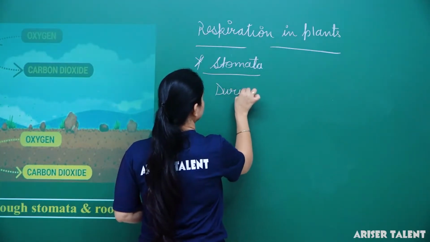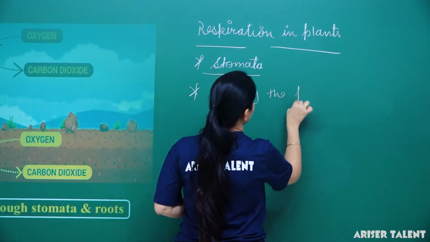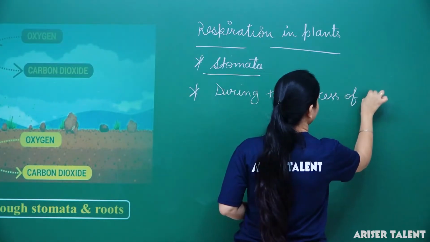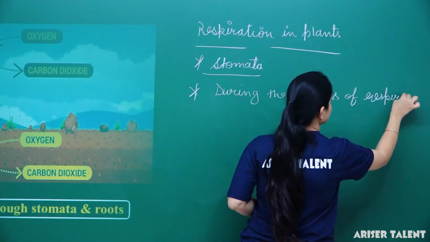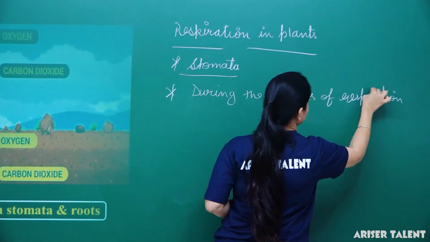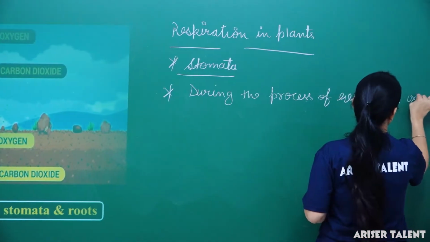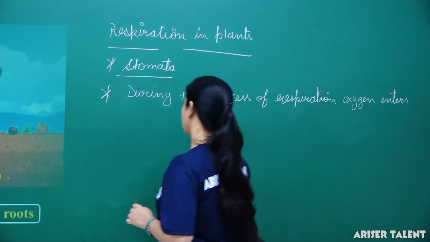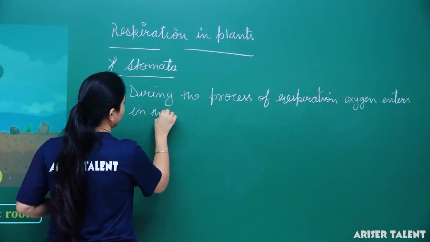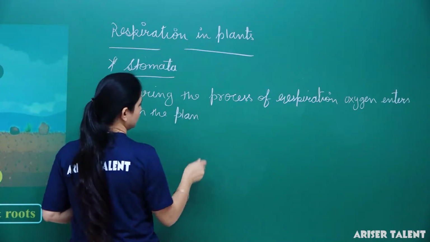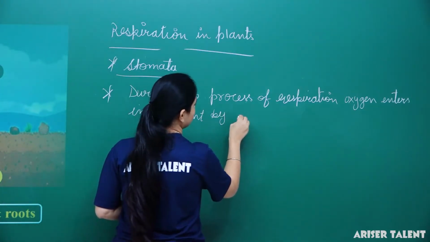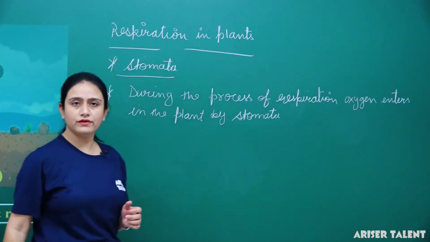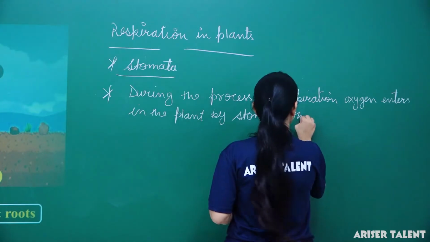During the process of respiration, oxygen enters in the plant body, in the plant by stomata, through the process of diffusion.